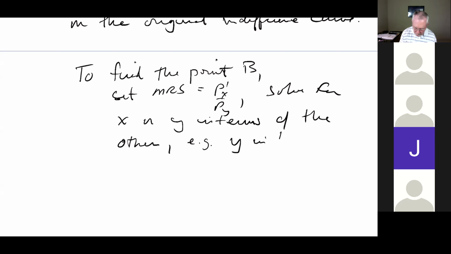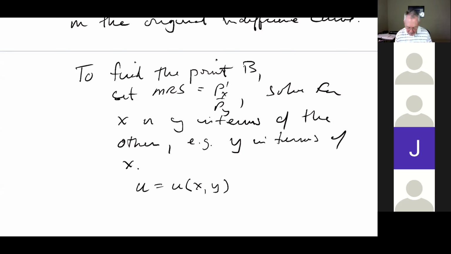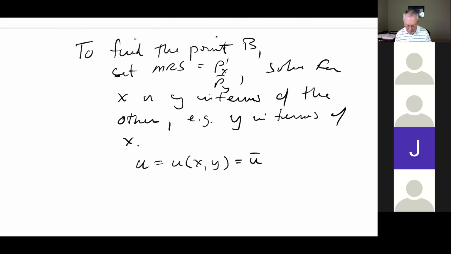Now, why I'm doing this is I have a utility function, which is some expression in both X and Y. And what I'm saying here is that utility at the initial set of prices and income was U bar. So that's what I'm going to hold constant. I'm going to set utility constant at U bar.